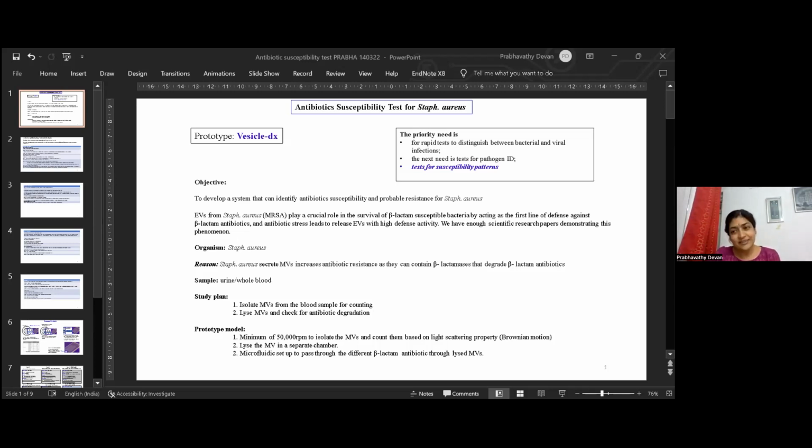I'm working with a center called the Center for Cellular and Molecular Platforms. It's a part of something called the Bangalore Life Sciences Cluster. It's a non-profit organization, a research organization cum platform service provider.